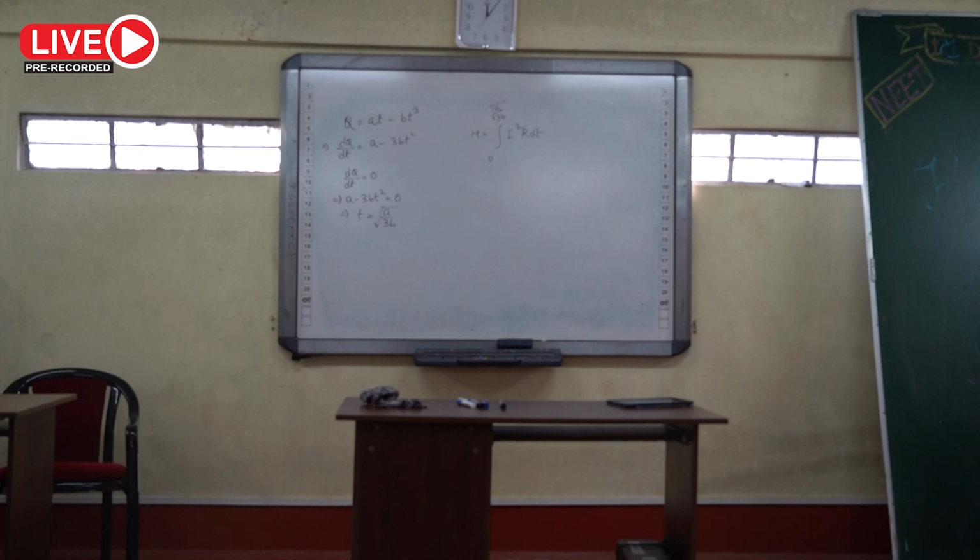In the NEET paper, the question is given as a t minus b t cubed and they are asking for the total charge flow. I have changed it and asked for the heat developed from the beginning till the charge flowing through the circuit is maximum.